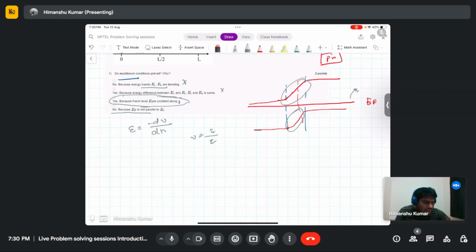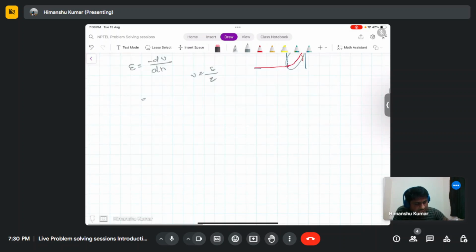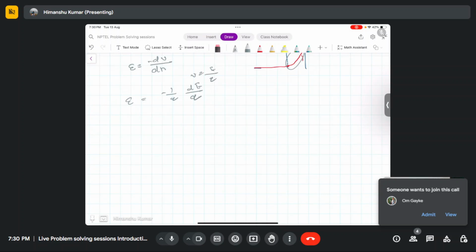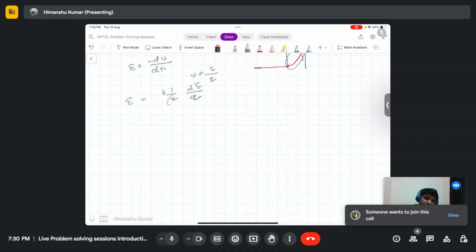If you put this in, you will find that the electric field is basically 1 by Q times dE by dx. And since you are considering the negative charge, you need to take one extra sign because of the Q, then this will become positive actually.